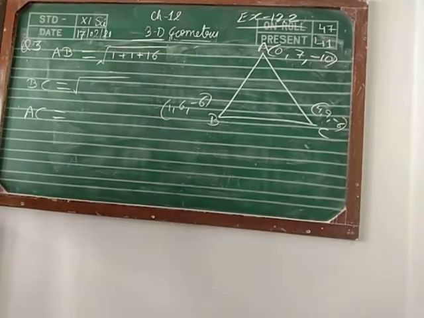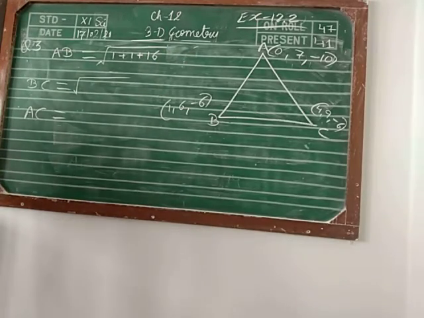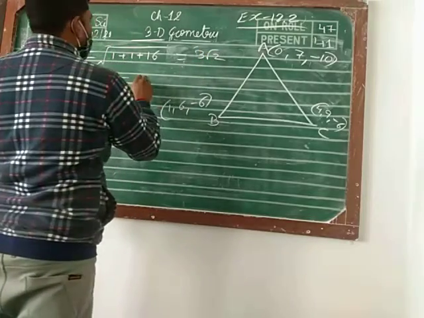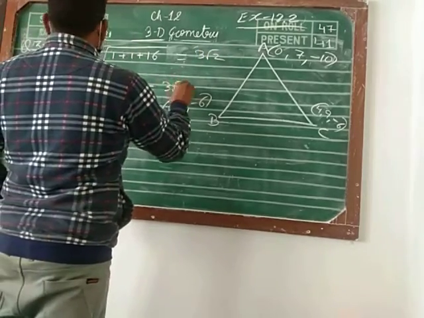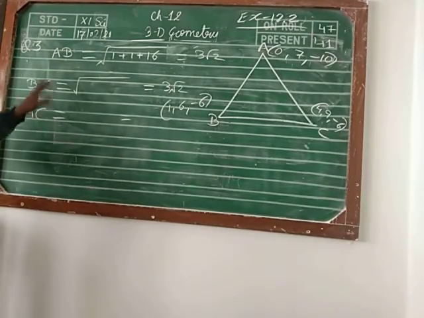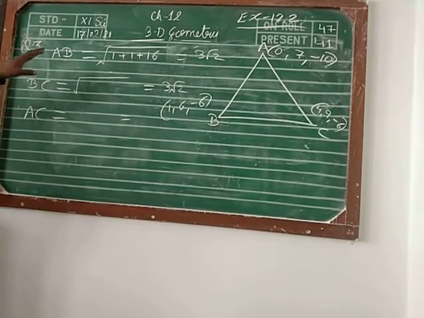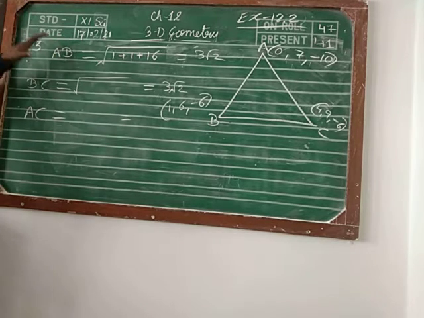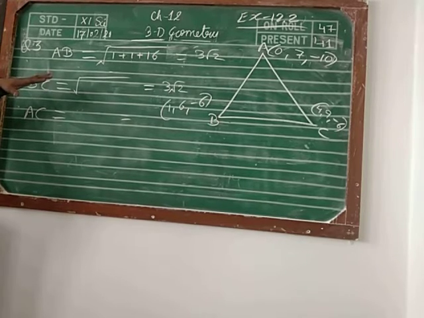Do it fast and tell me the solution. Tell me the length of the sides. AB you are getting 3 root 2, BC 3 root 2. We have to find all three lengths first, whether two lengths are equal or not.